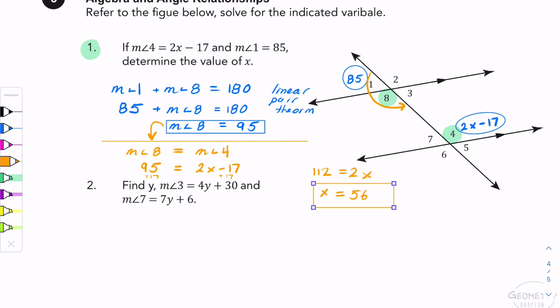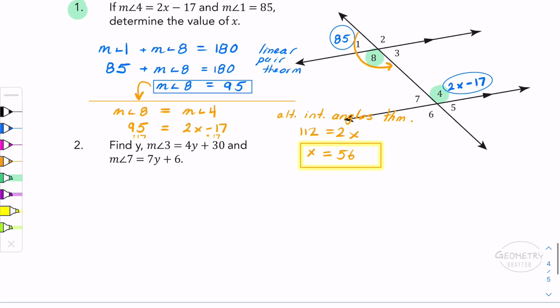Okay, we solved for that second part by what we call the alternate interior angles theorem. And the directions did specifically ask us to solve for x, so that is my final answer. I want everyone to do number 2 by yourself. I'll give you a hint. Number 2 uses the alternate interior angles theorem.